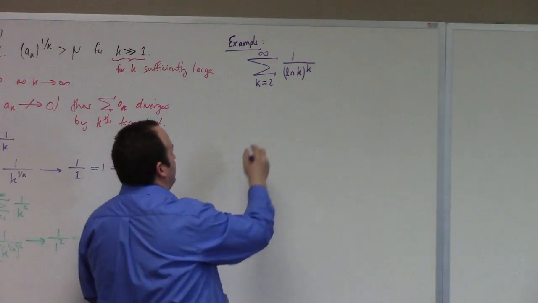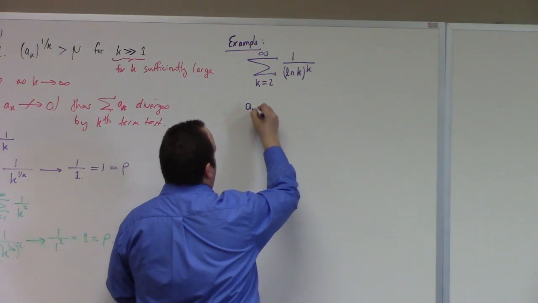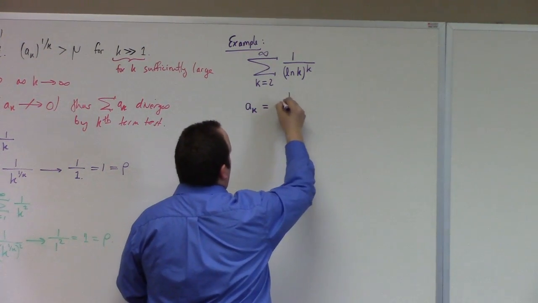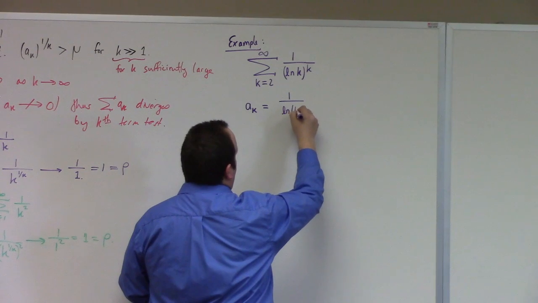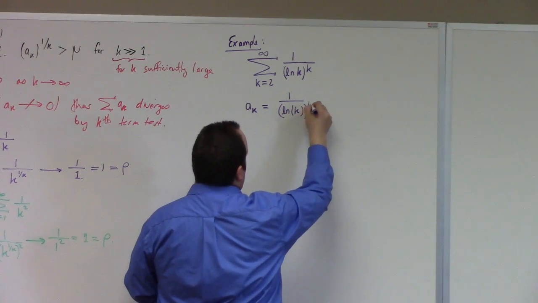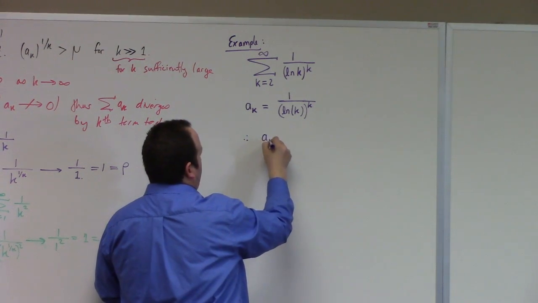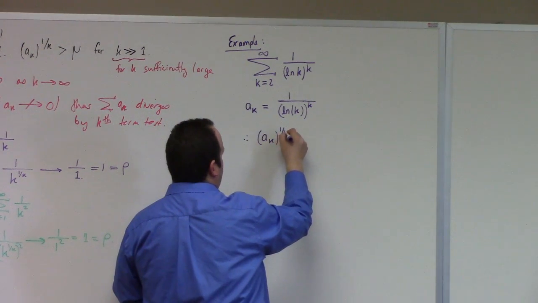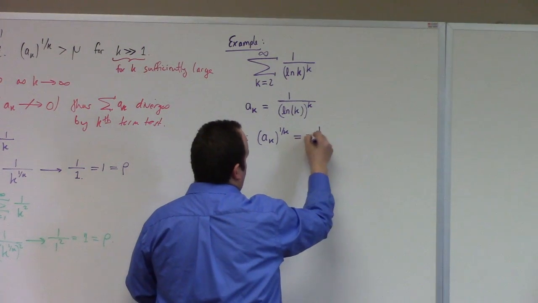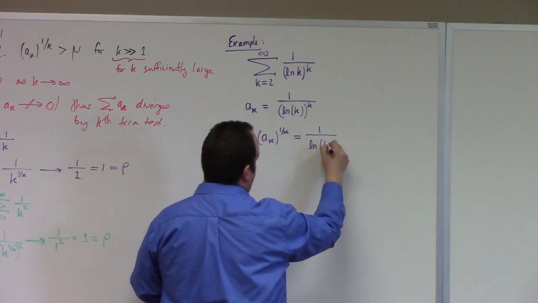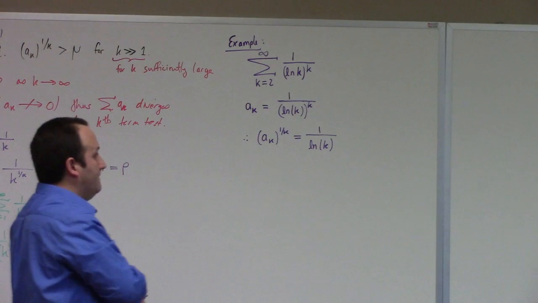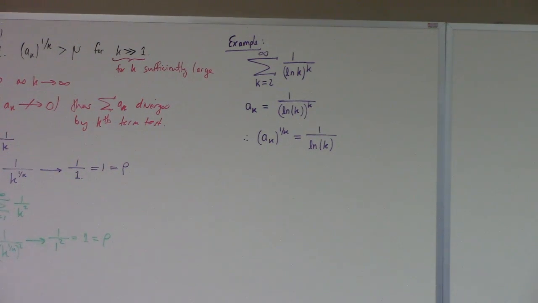Okay, so here what do we have? We have a sub k is equal to 1 over the natural log of k to the kth power, right? So therefore, a sub k to the 1 over k is just equal to 1 over the natural log of k, right, because the kth root of the kth power is just what you have again, as k goes to infinity there.